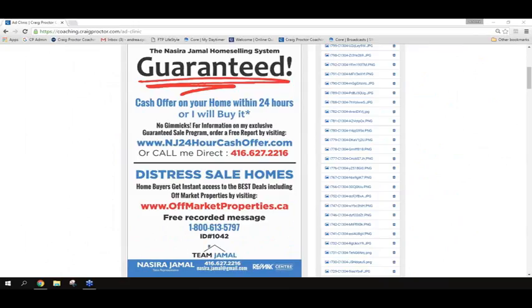I assume most of these people know who you are. So I guess it's like a flyer or something. Is it a flyer, an ad? Guaranteed sale program on one side and distress sale on the other. Not too bad. It's a shame you can't have your picture on there, but if you can't, you can't. Anything you want to add to that, James?